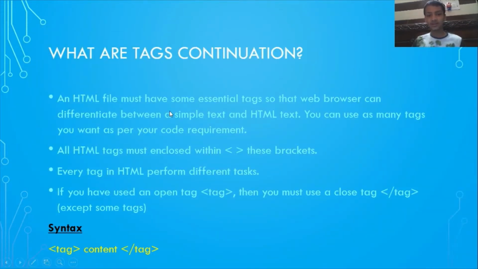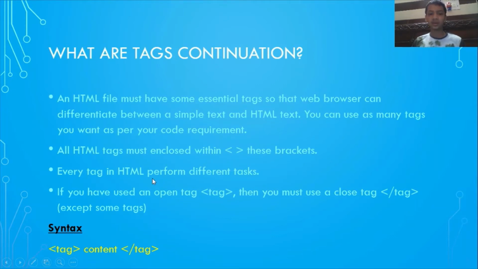An HTML file must have some essential tags so that the web browser can differentiate between simple text and HTML text. You can use as many tags as you want in your code as per your requirement. As I told you before about the HTML tag and the simple text, all HTML tags must be enclosed within these two brackets.